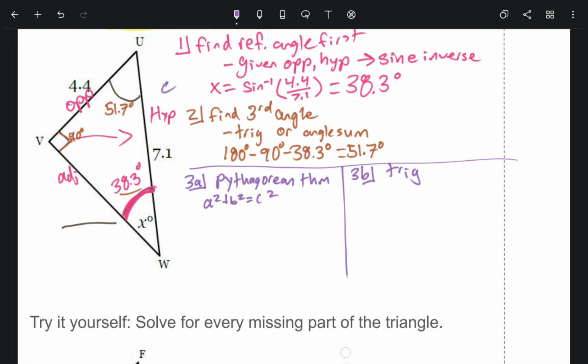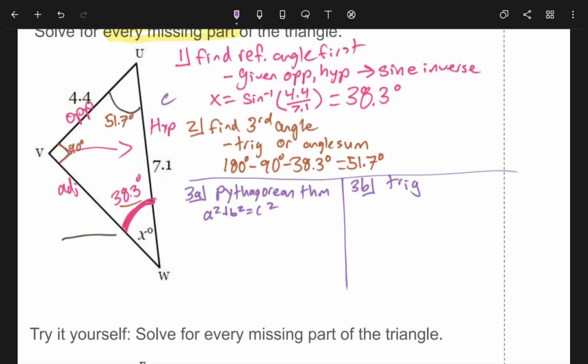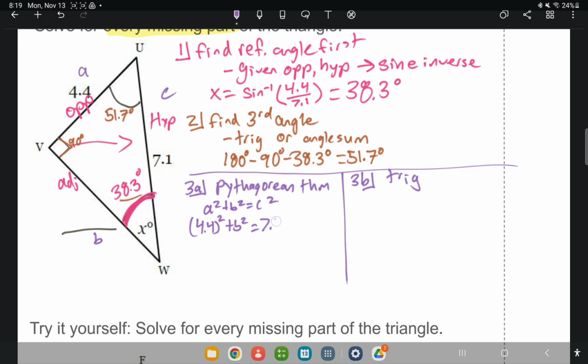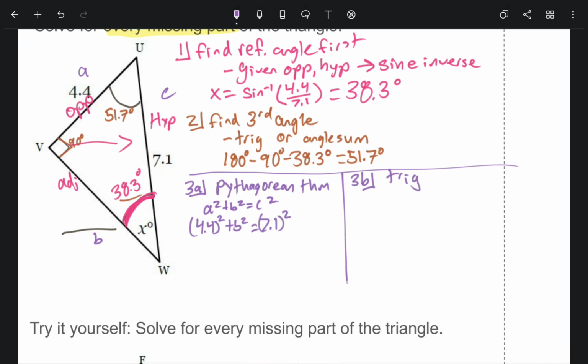Hypotenuse is always c. In the notes, I picked 4.4 for a, and the blank side is b. So let's plug those in. We get 4.4 squared plus b squared equals 7.1 squared. 4.4 squared is 19.36.